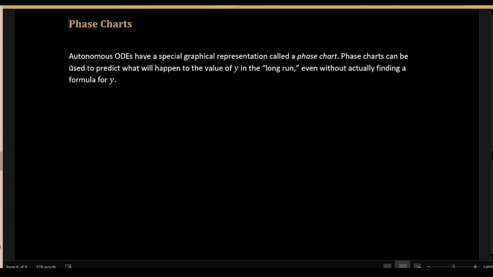So there's a special trick that you can use when you're working with autonomous ODEs to figure out what will happen to the value of y in the long run, even without finding a formula for y. In other words, you can figure out the limit as x approaches infinity of y without solving for y.